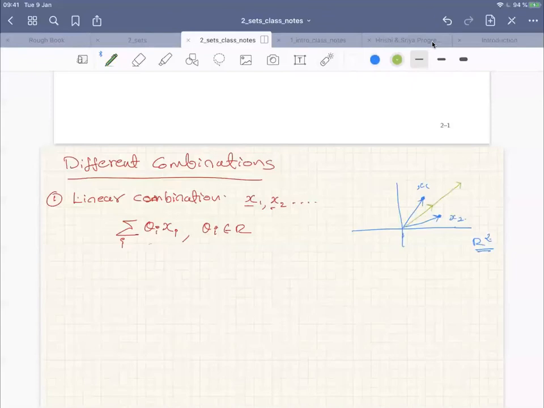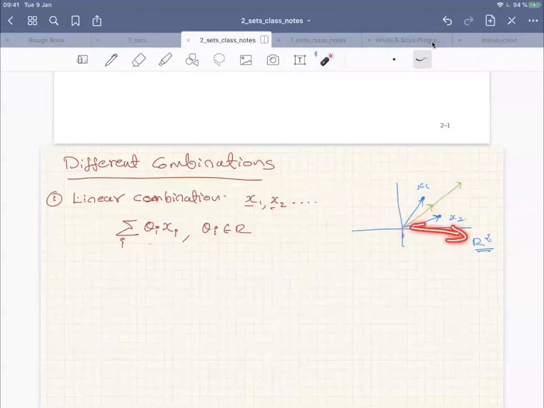So what happens if we consider all the possible values of theta i in R? For example, when you add theta x1 and x2, you get this. Then if you add these two, you will get something like this. If you take a negative value here, you will get something like this.